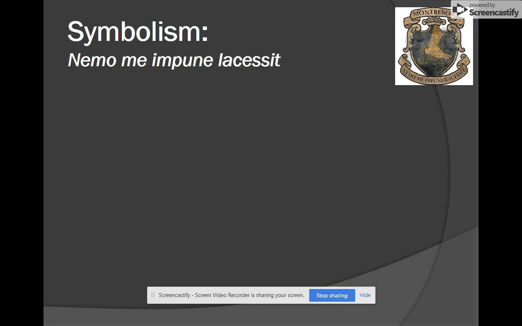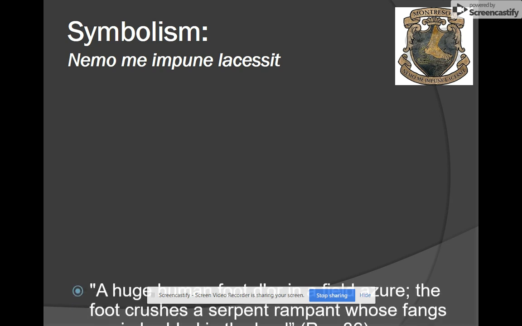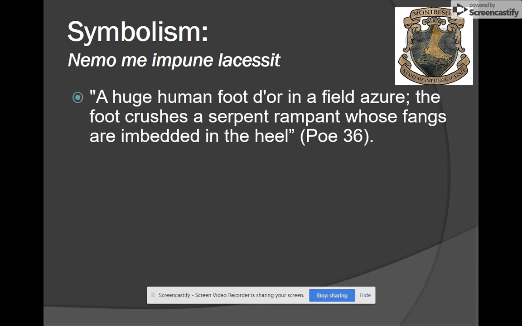And that is the foot standing on the snake, which is the coat of arms of the Montresor family. And in English, this says, "No one treads on me without repercussions." So a huge human foot. The foot crushes a serpent rampant whose fangs are embedded in the heel.